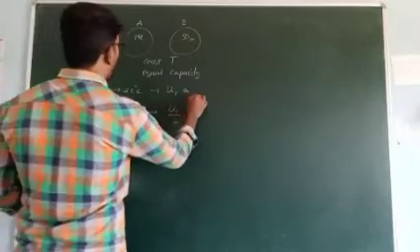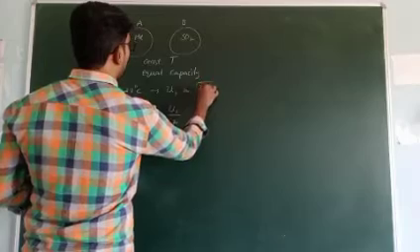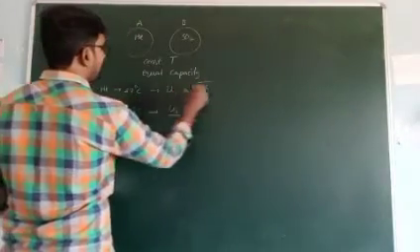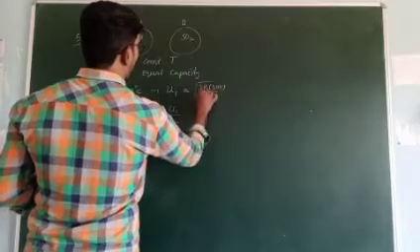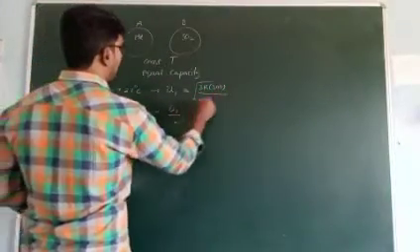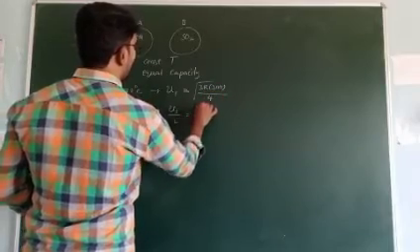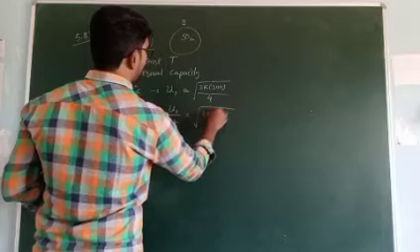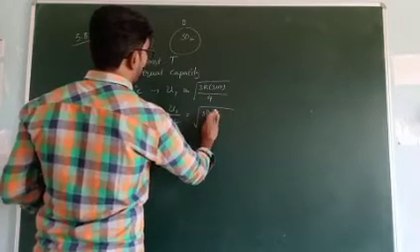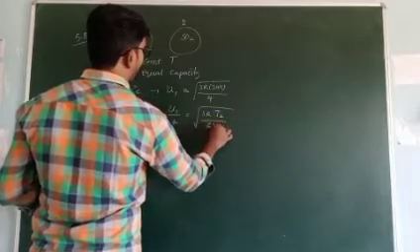Right. Now between these two, calculate U1. U1 means root over 3RT by M1, root over 3R times T, where 27 degrees centigrade means 300 Kelvin, by M, the molecular weight of helium, which is 4. This is equal to root over 3R into T2, which we have to calculate, by 64.